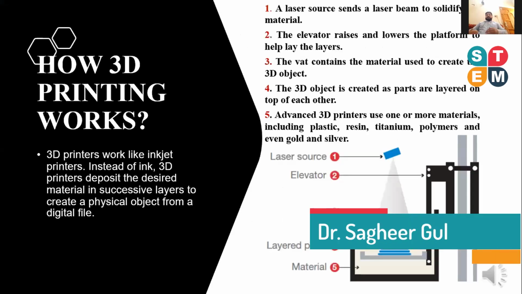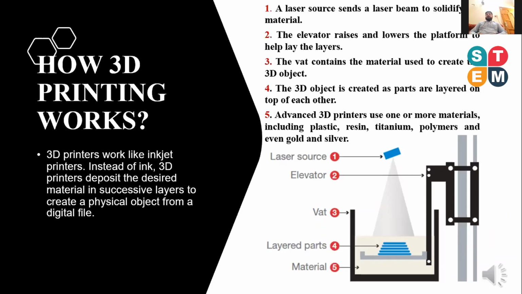Next, please. So, how does 3D printing work? If someone is interested, here is a short summary of the construction of a 3D printer in 5 steps. A 3D printer works like an inkjet printer. Instead of ink, 3D printers deposit the desired material in successive layers to create a physical object from a digital file, the CAD file.